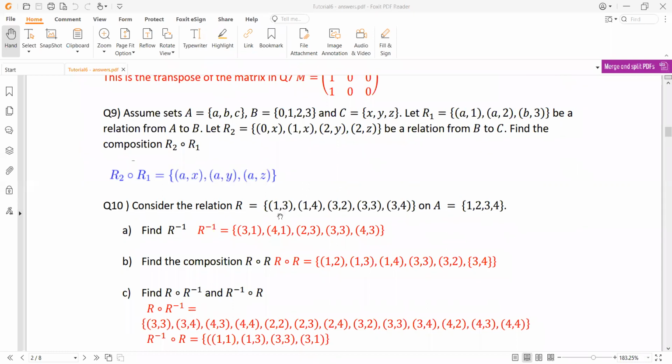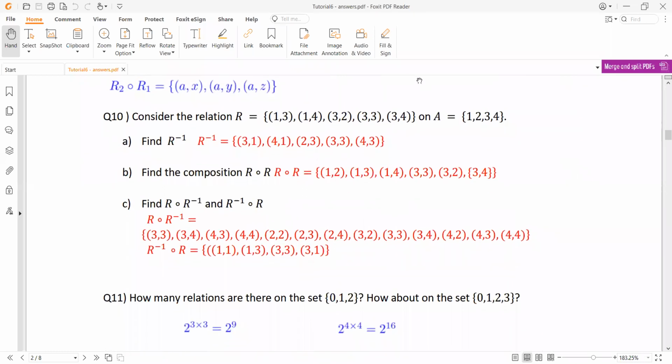Great. Question number 10 is: consider the relation R, which is this one, on set A = {1, 2, 3, 4}. Can you find its inverse? Yes, of course. The inverse is very easy. We said the inverse is that I'm going to swap the two elements inside every pair.